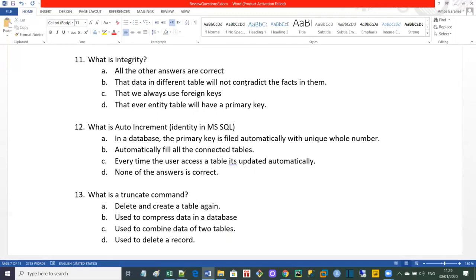What is integrity? We have used it without giving the name, and it's very important to know the word integrity. Integrity refers to the fact that if I have several tables presenting the same data, the data in those tables will not contradict. For example, if I have a customer name in two separate tables, it's better that the spelling will be the same.